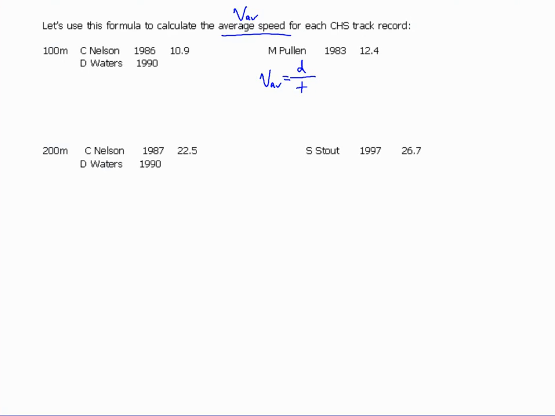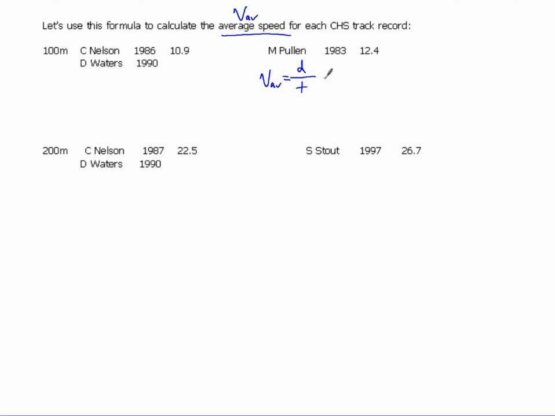In your homeworks, quizzes, tests, part of the credit you get is just showing me the right formula, the one that we're going to need. It is going to get a bit tedious because you're going to write V average equals D over T probably 10 times. But I need to see it, and you need to write it down so that we know exactly what we did if we have to have a conversation about what happened.